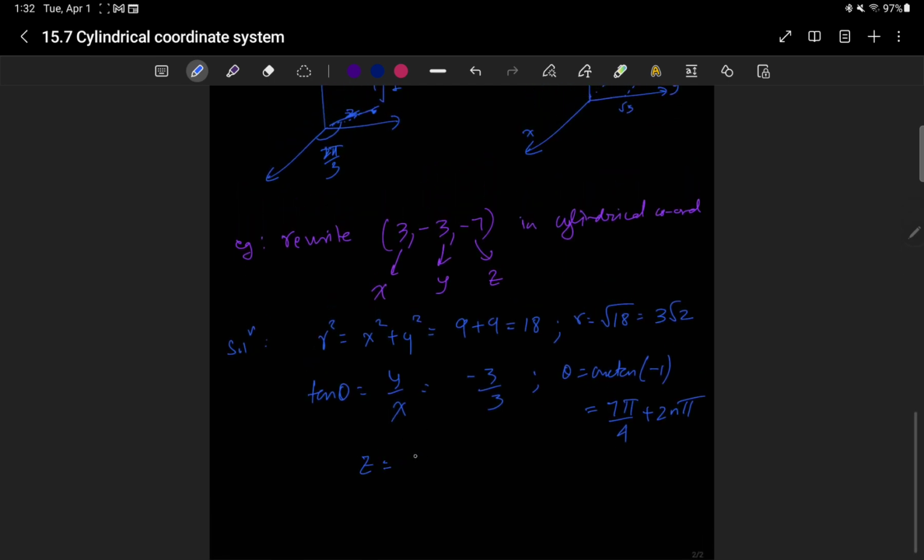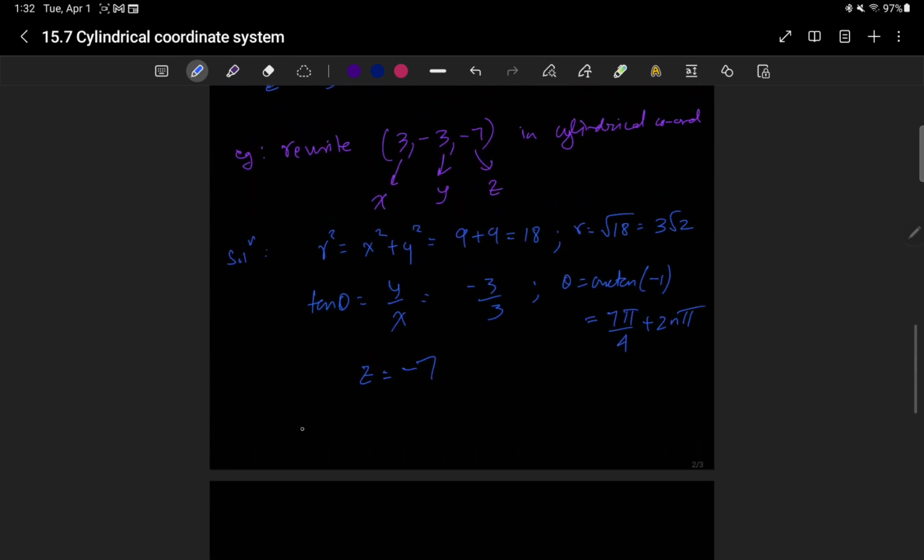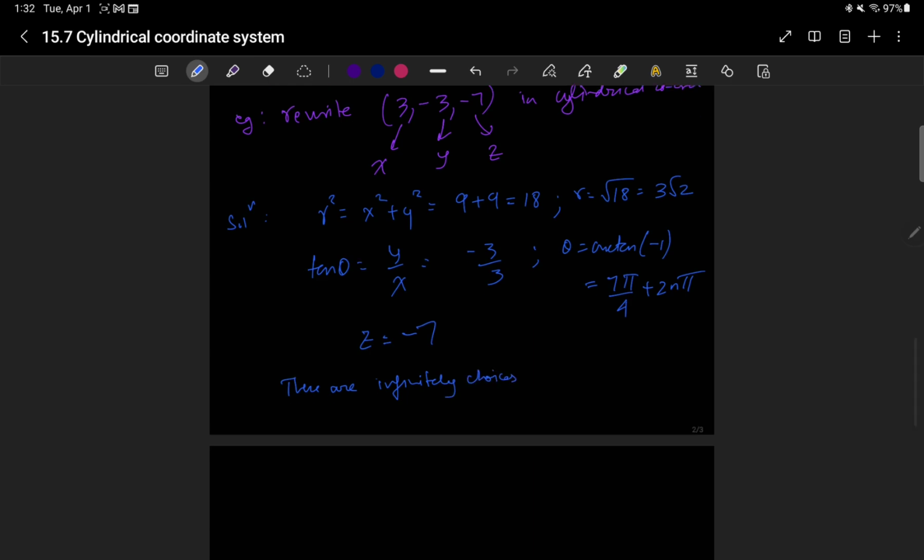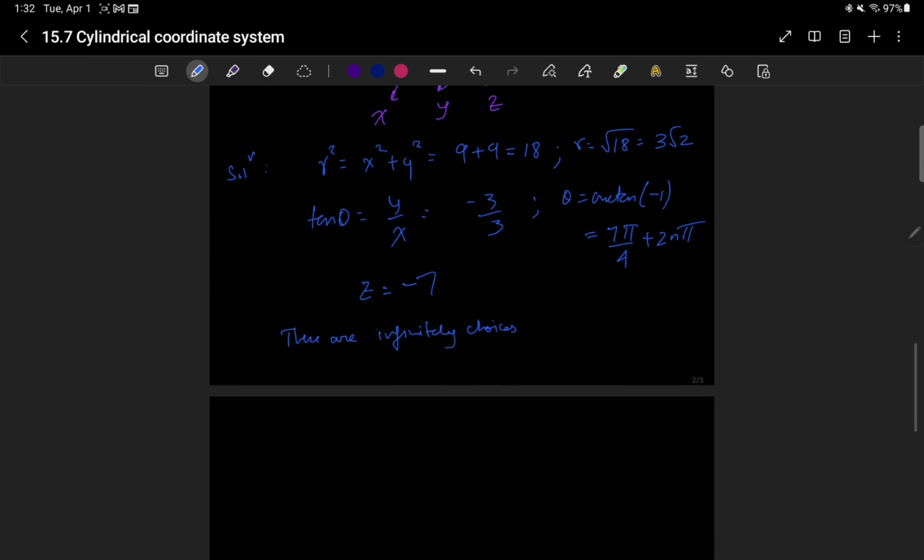And z equals -7. Okay, so there are infinitely many choices, and that's because when we go to polar, the points repeat after every 2 pi rotation.